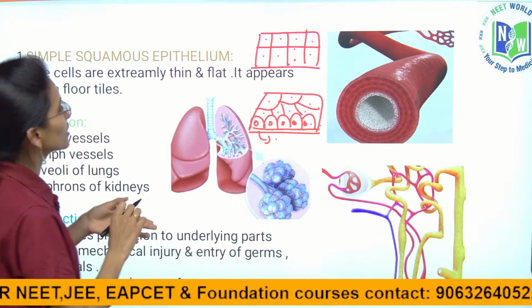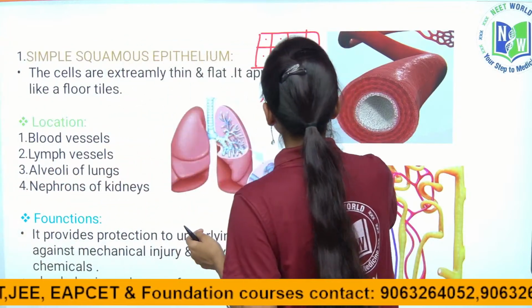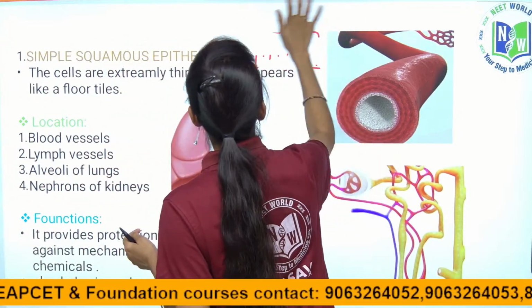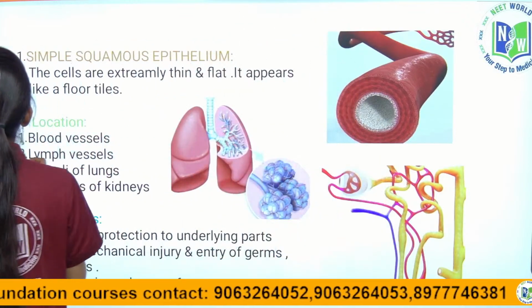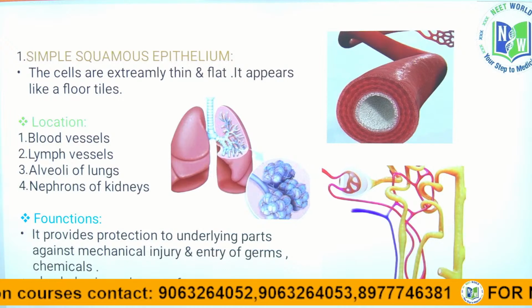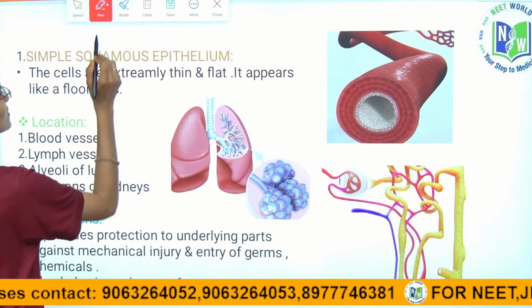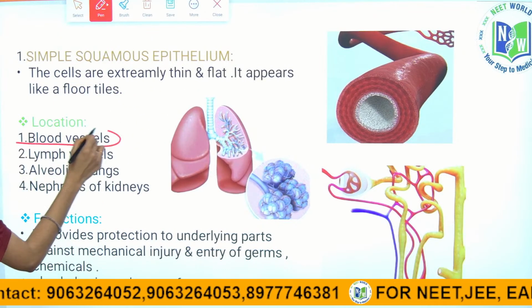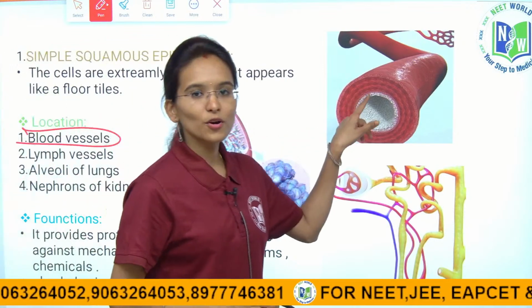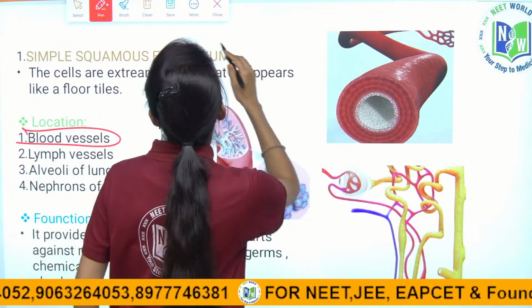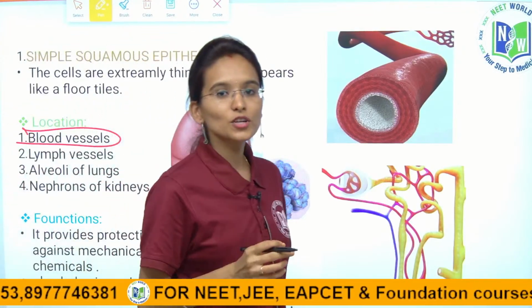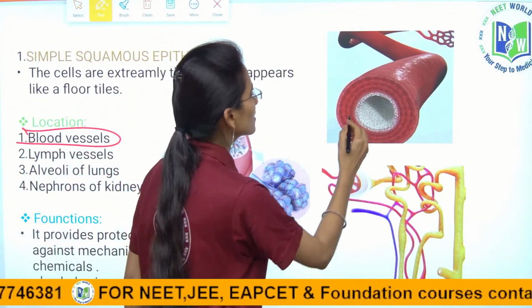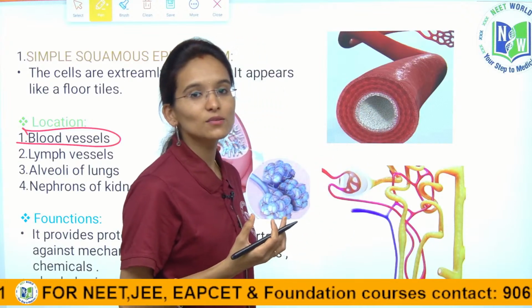Now, we will look into the location of this tissue. So, where is this simple squamous actually present? See, this is present in the blood vessels. We can find this squamous epithelium in the blood vessels. Here is a diagram of the blood vessel. This entire blood vessel is going to be covered internally and externally with the help of simple squamous epithelium.